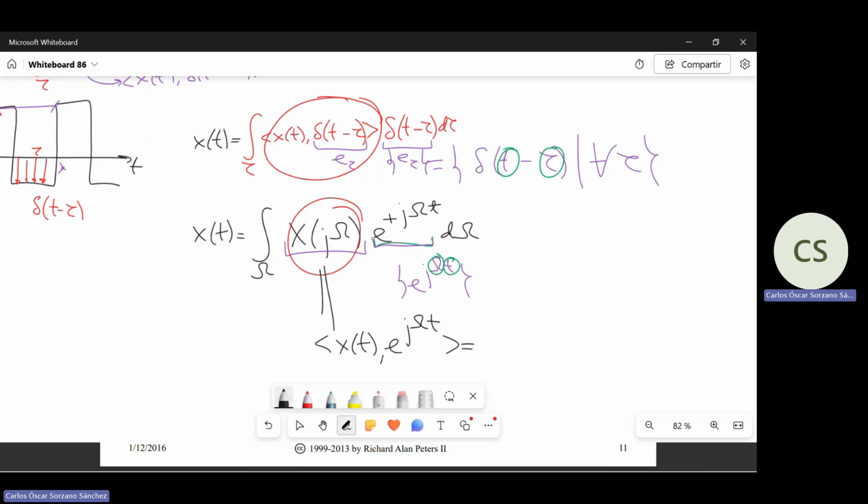So what is the inner product according to us? It is the integral over time of x of t times e to the minus j omega t, dt. Because this is the basis, and we said complex conjugate.